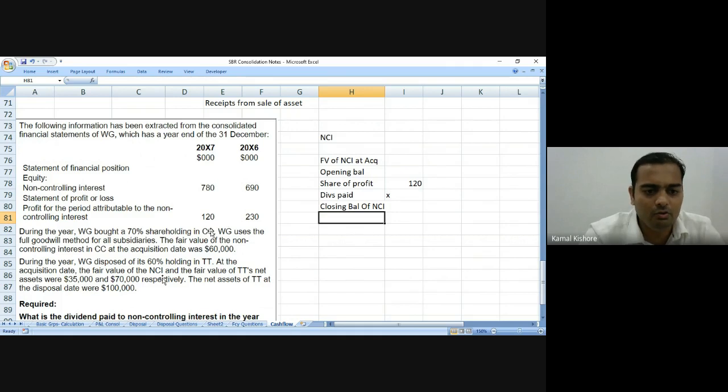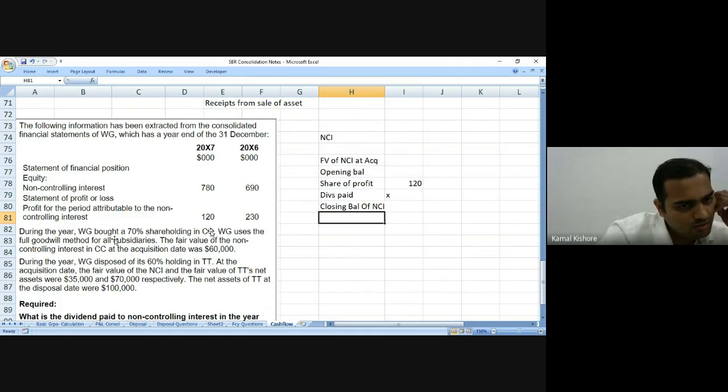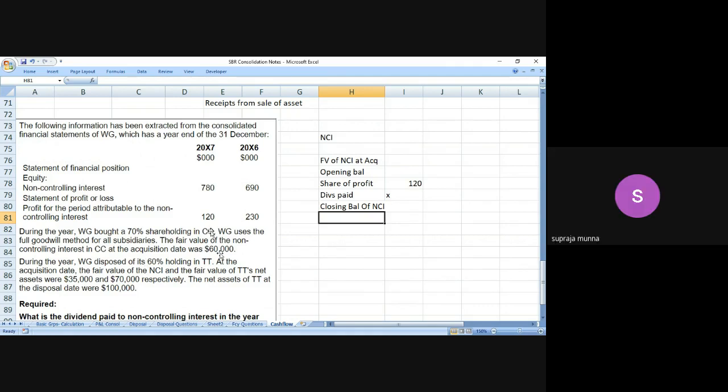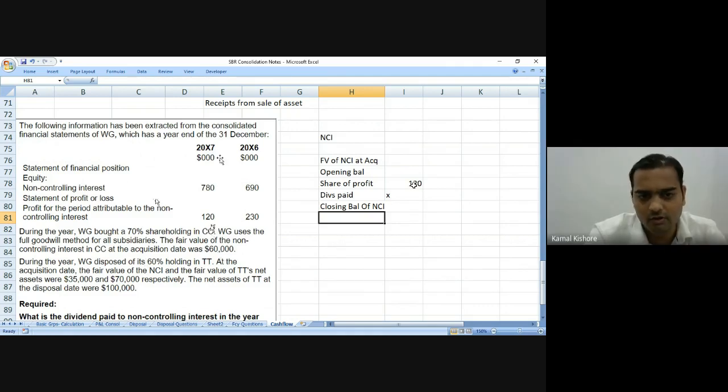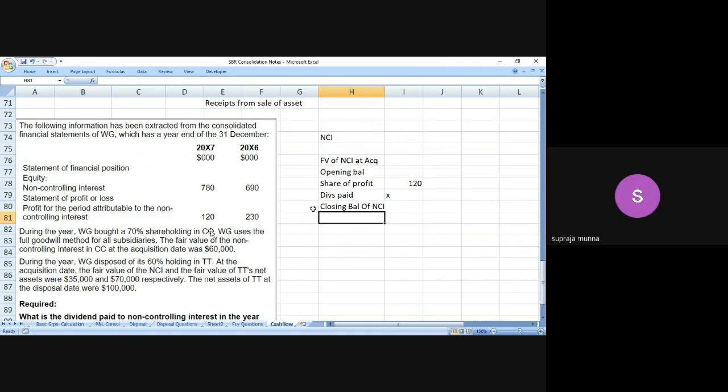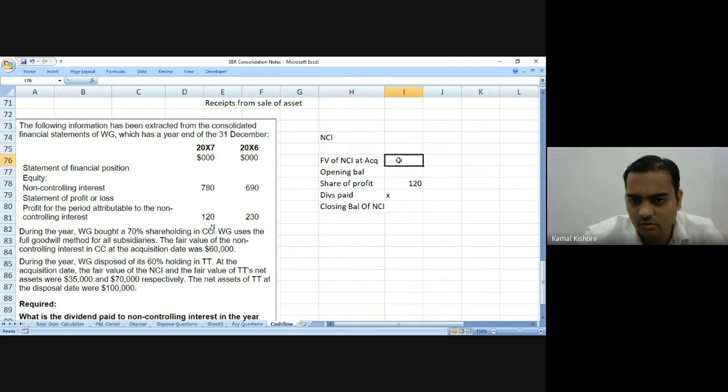Now, during the year, the company bought a 70% shareholding in this particular company. Fair value of NCI at the acquisition date was 60,000. So now this is what is happening. Already you have one subsidiary or some set of subsidiaries, the value of that is 690.